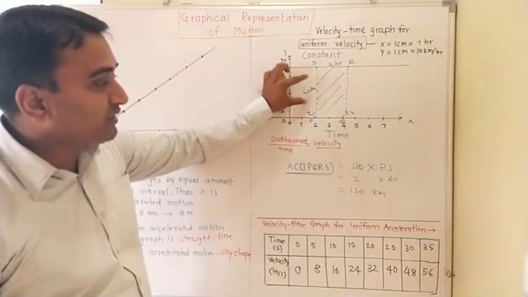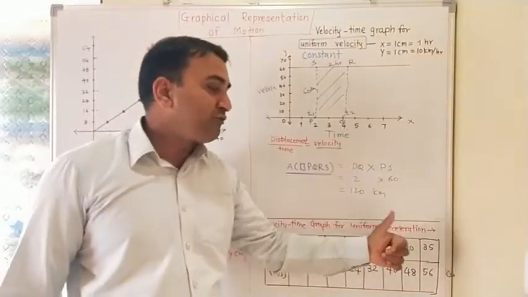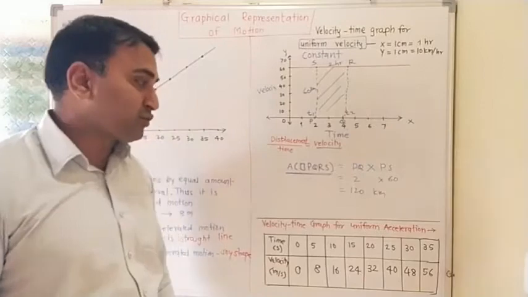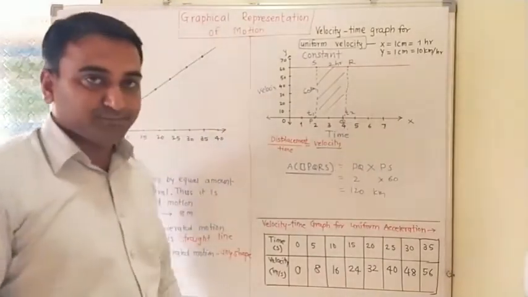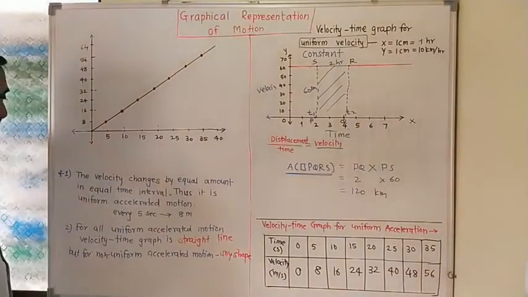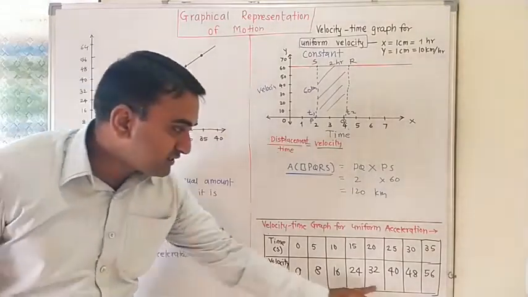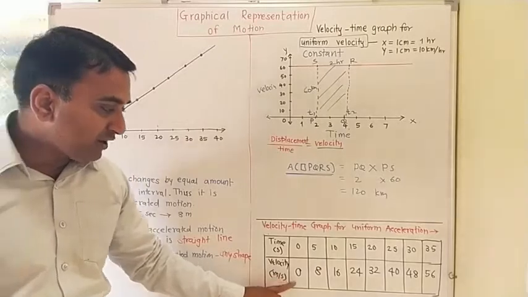So what is true with this? That will be true for the velocity time graph for uniform acceleration, accelerated motion. See, what is meant by uniform acceleration? Here, the first one: the velocity changes by equal amounts. See here, these are the velocities, not distance. What is the velocity here?